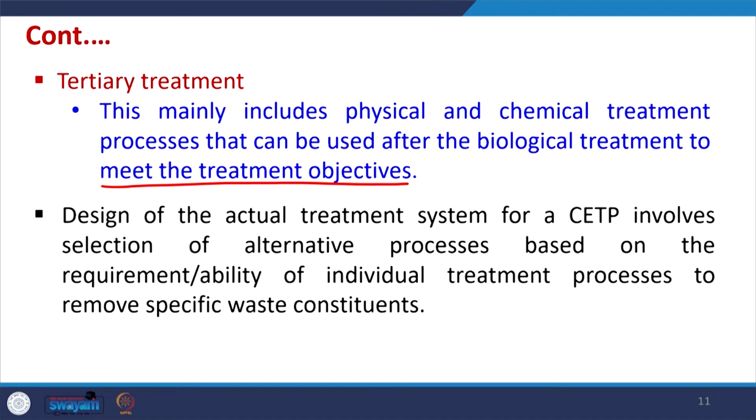So, design of the actual treatment system for a CETP may involve selection of alternative processes based upon the requirement of individual treatment processes, depending upon the characteristics of the water, the amount of water being generated and the final standard that we have to achieve. Depending upon that, the actual treatment system for a CETP or for any industry can be designed.